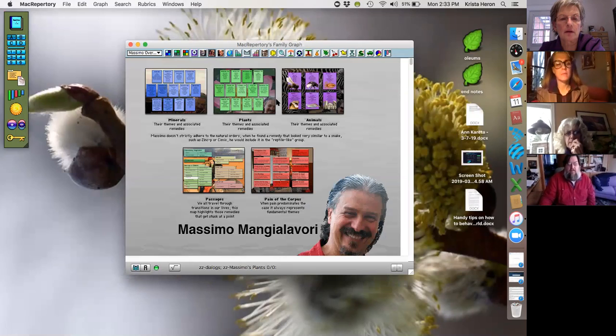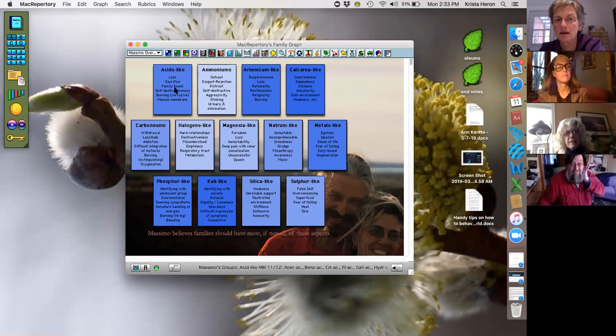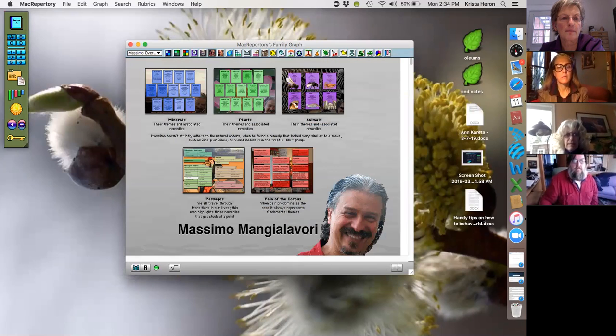I think you were saying earlier that you can relate it to the rubrics that are in a particular clipboard, like the degree of greenness reflects how much is being represented. Yes, the darker boxes here mean that there are more acids than ammoniums in the little repertorization that we did. Is that what you mean? Yes. Thank you.